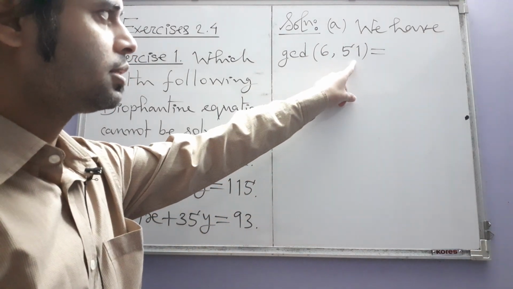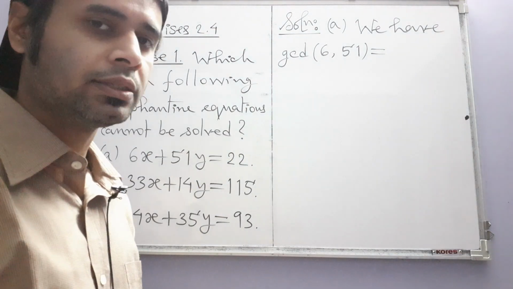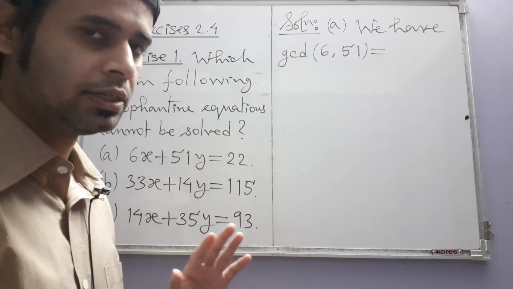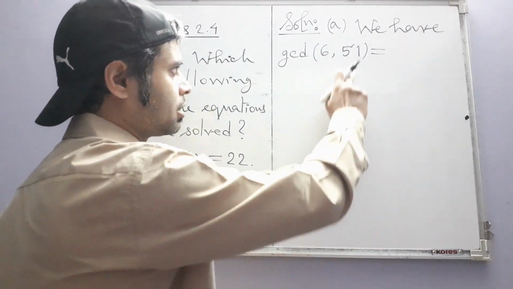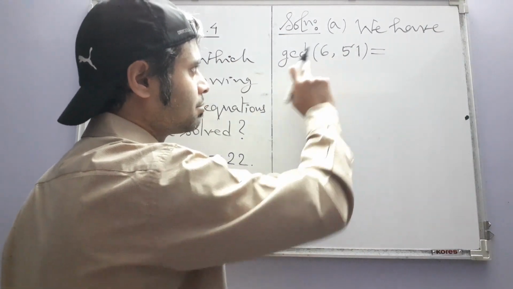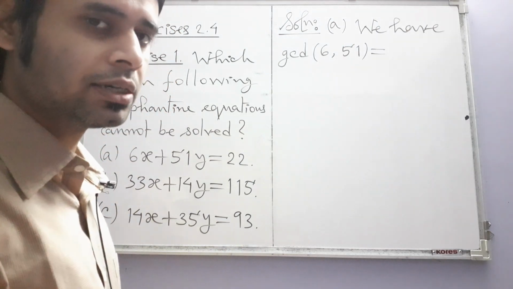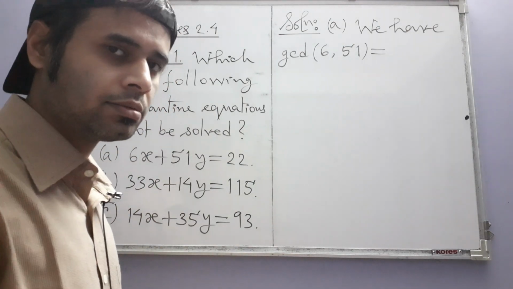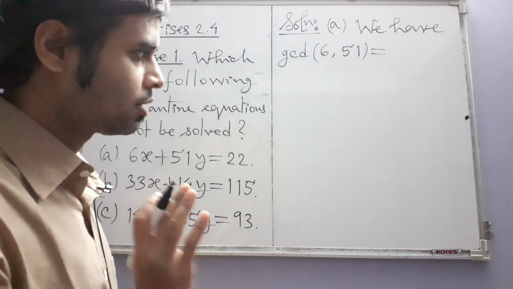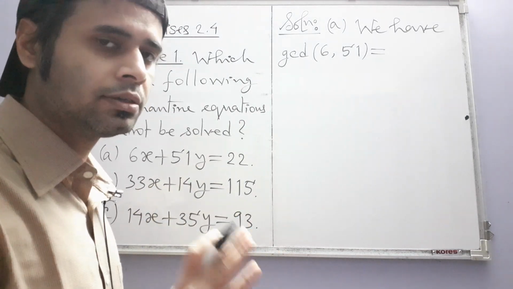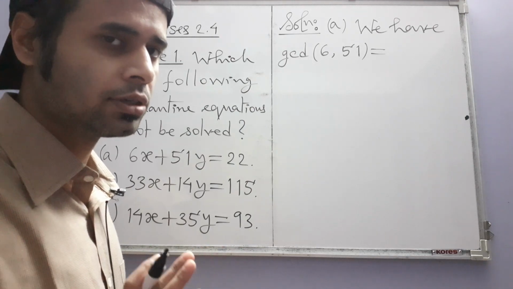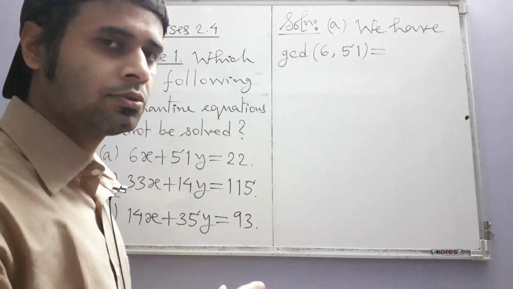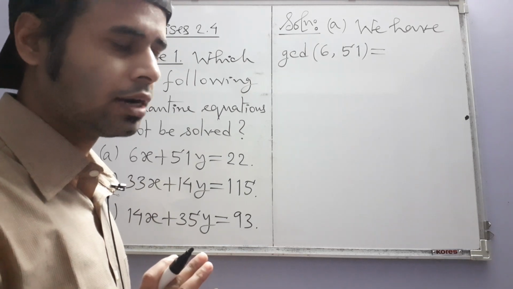One of them is just blindly applying the Euclidean algorithm, in which you divide repeatedly. For example, you first divide 51 by 6, you will get some remainder, then you divide 6 by that remainder, you will get another remainder, then you keep on doing this process until you get the zero remainder. The last non-zero remainder from theory we know is the GCD value.